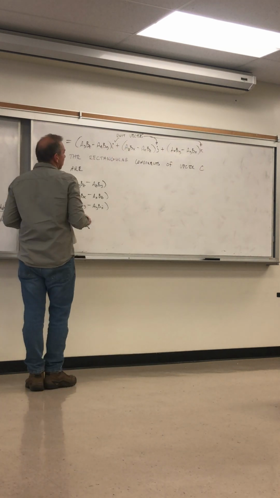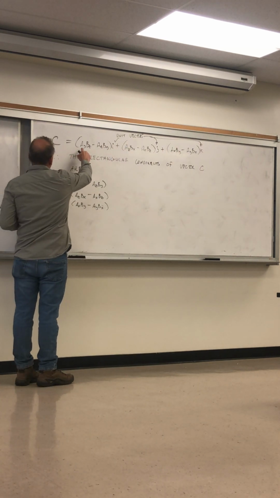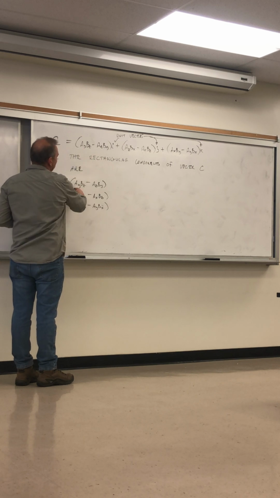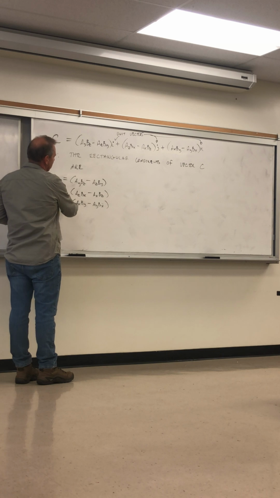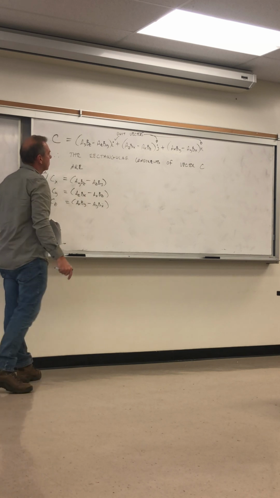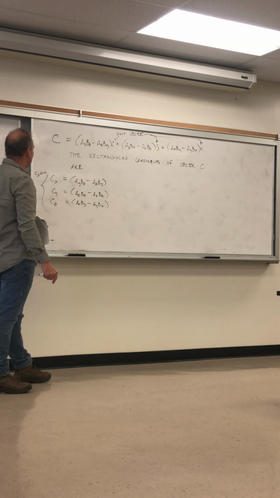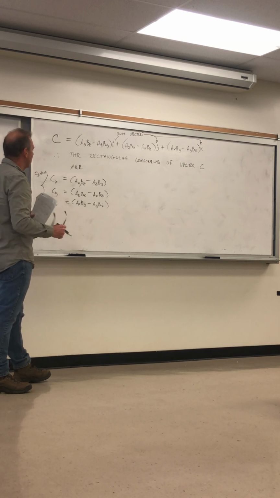So the component in the x direction, AY, BZ minus AZ, BY. In the y direction, AZ, BX minus AX, BZ. And in the z direction, AX, BY minus AY, BX.